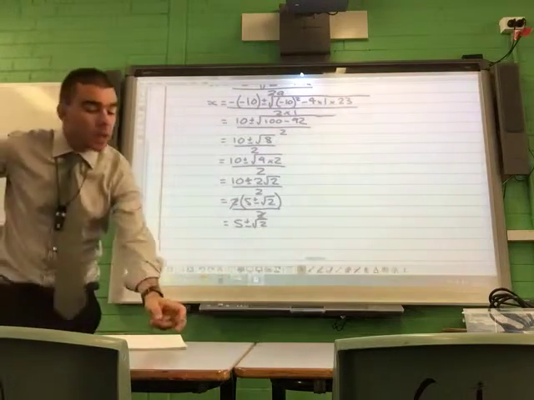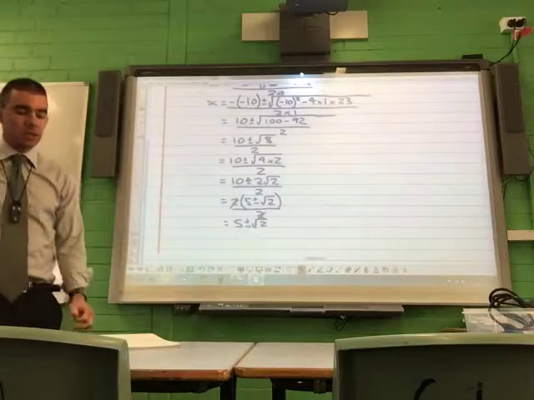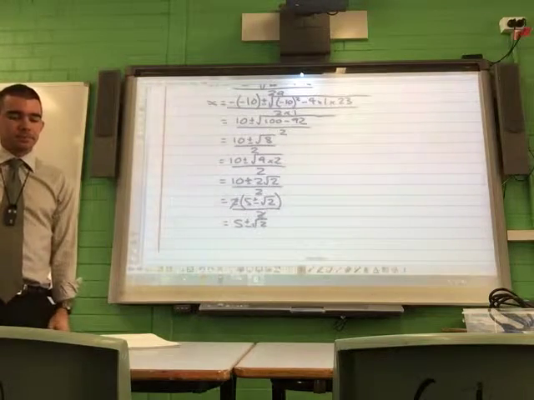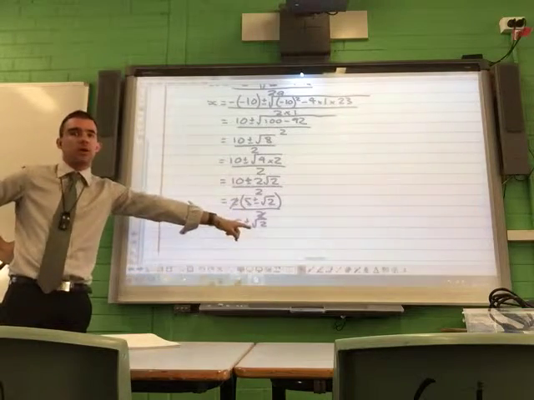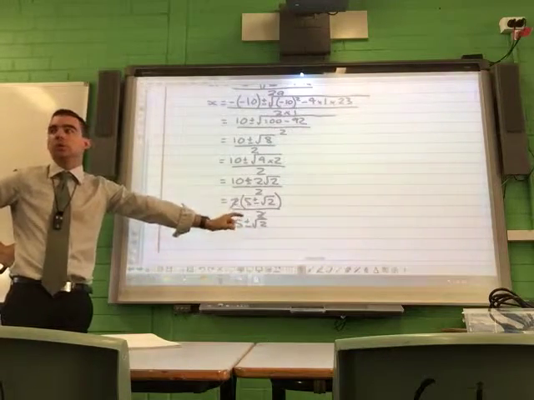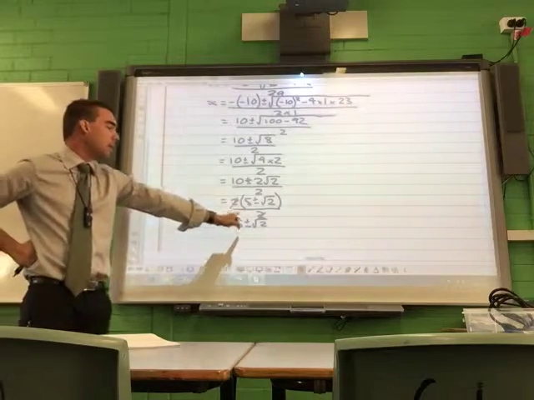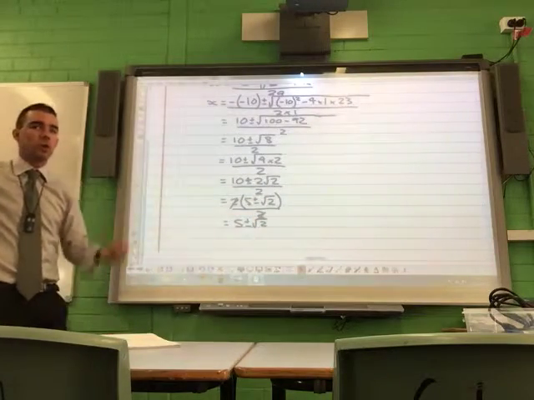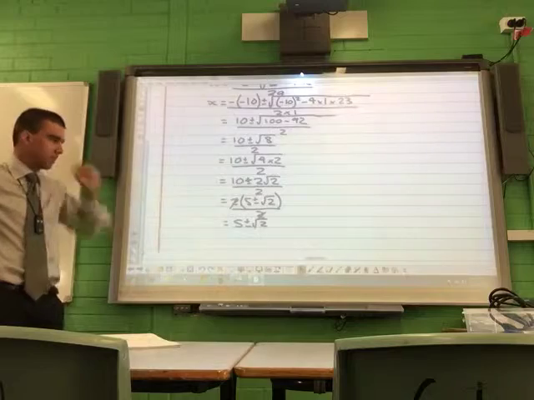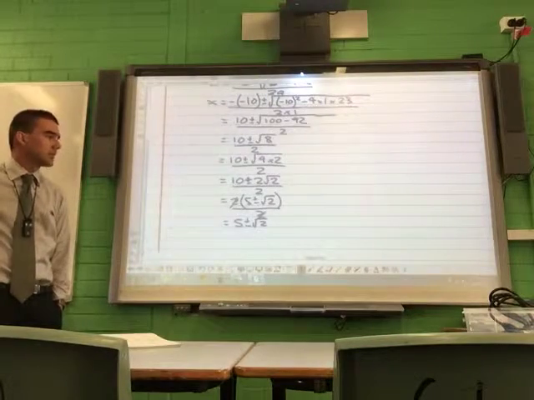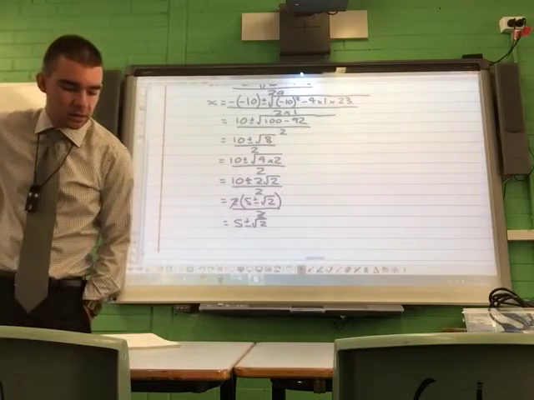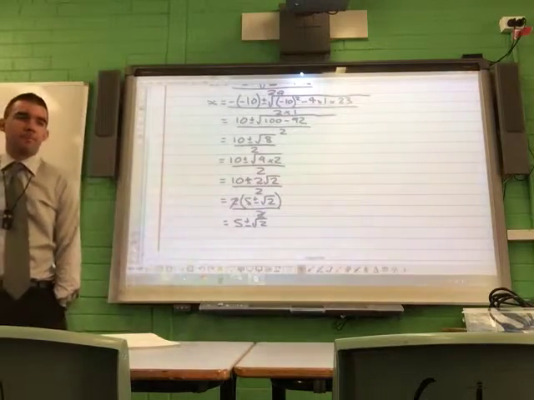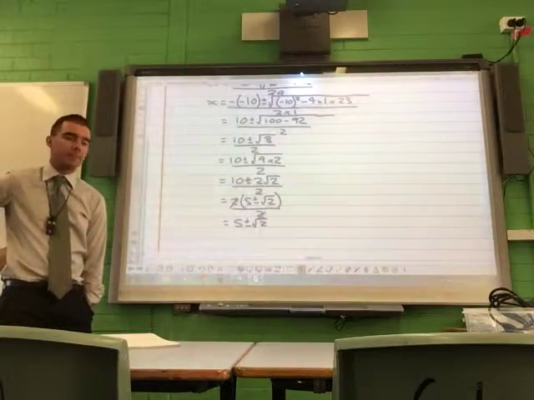Now, the question itself asked you correct to 3 significant figures. So what you need to do now is, in your calculator, you need to go 5 plus the square root of 2 will be one solution, and then the second one will be 5 take away the square root of 2 will be that second solution. And we want it to 3 significant figures, so remembering what these things mean.